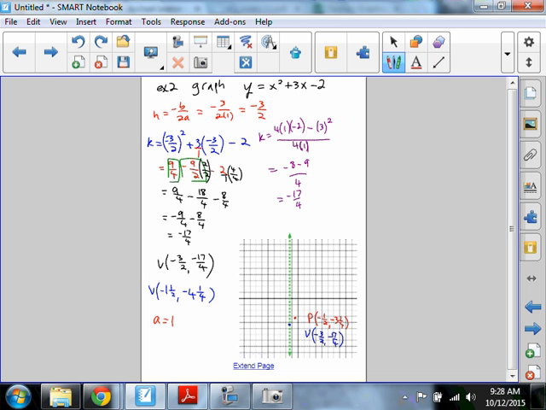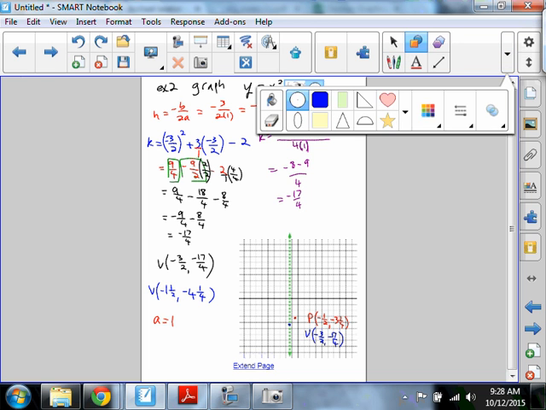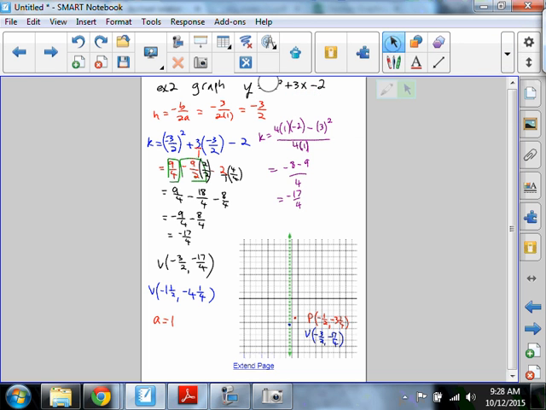A y-intercept is the value of y when x is 0. When x is 0, this x squared term goes away, right? And this plus 3x goes away, right? So that constant is our y-intercept. And in this case, it's -2. So our y-intercept is going to be -2. That's one more point that we can get on the graph without doing much work.